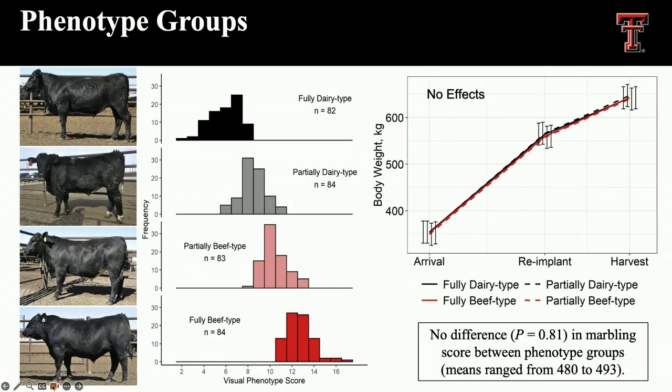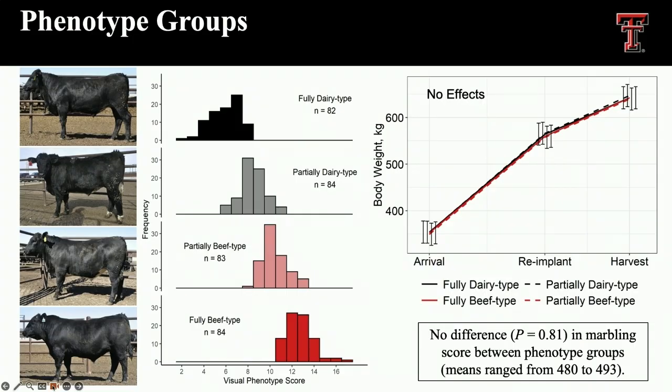Well, if we take a look at these cattle in 4 phenotypic groups at arrival at the feedlot, reimplant stage, when we could reimplant, and harvest stage, then we understand that these cattle, even though they look that different, weigh the same. Their body mass was the same.